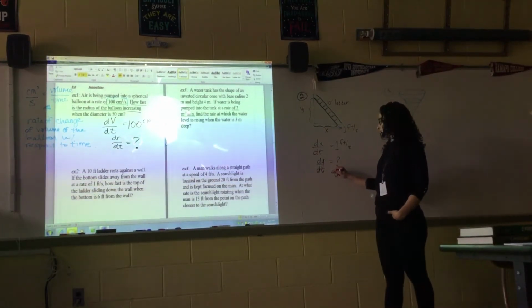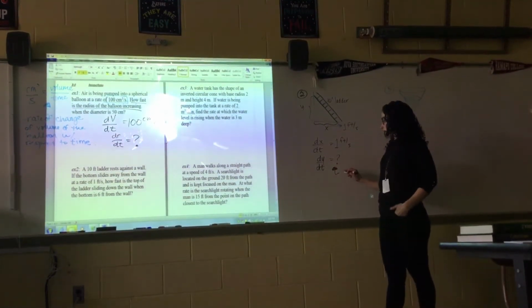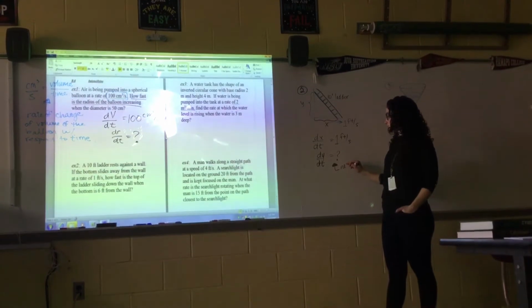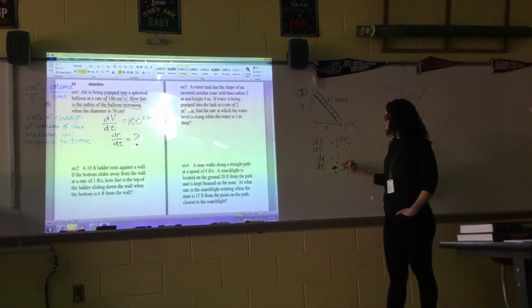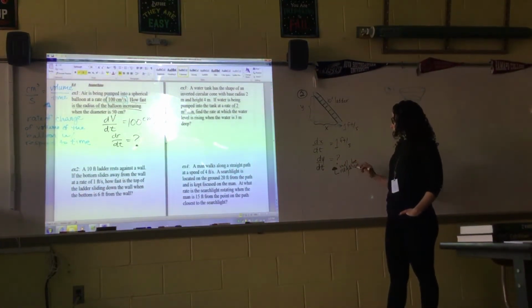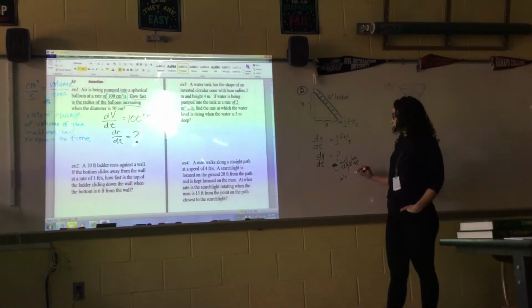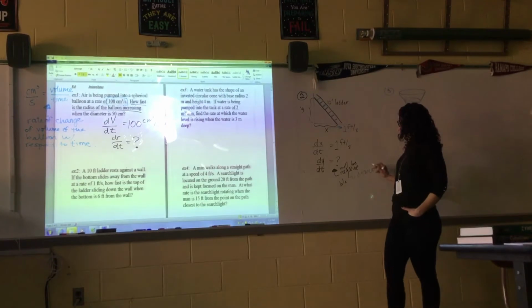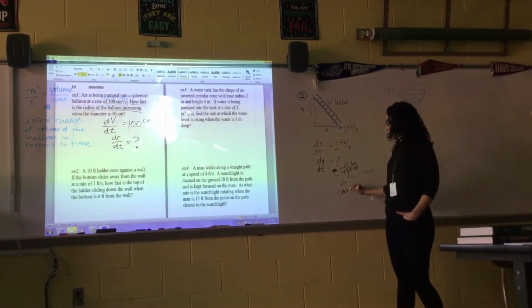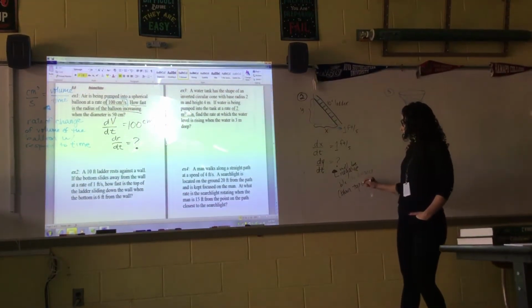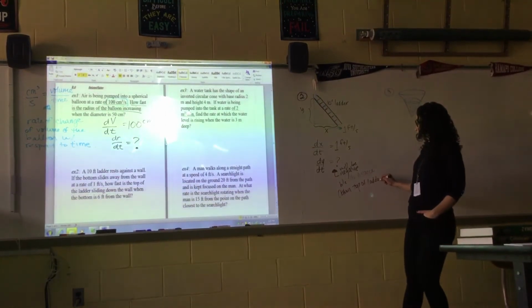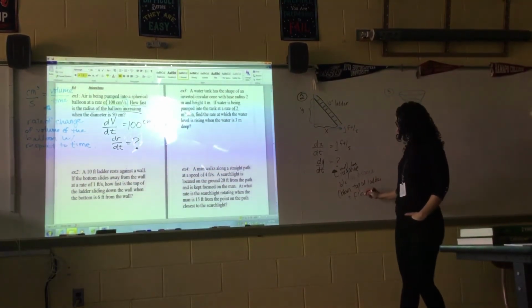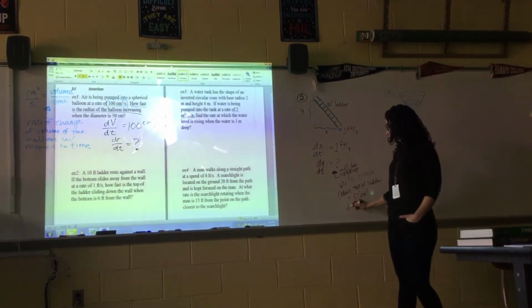And you guys just told me that this value has to be negative. It will be negative because the distance is getting smaller. Yeah, I'll be specific: the distance between the top of the ladder and the floor is going to decrease.